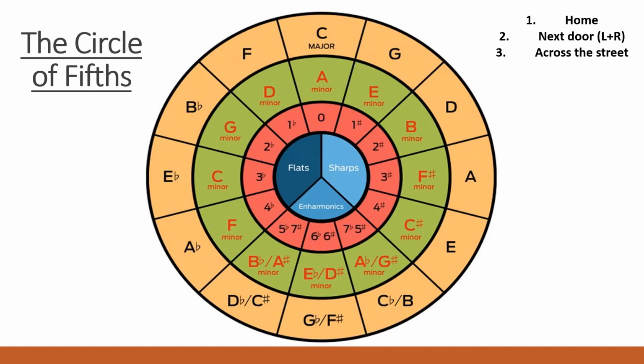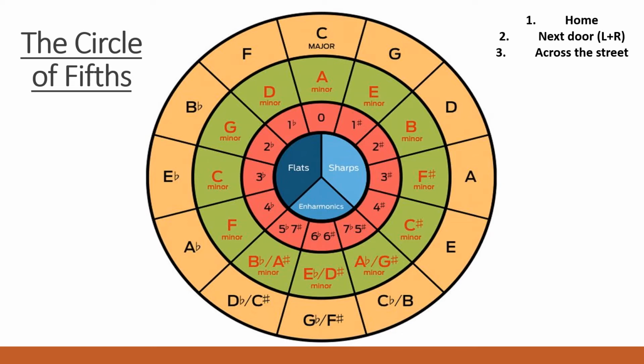For people wanting to go on to music theory, we call the home key the tonic. We start with the tonic, and I call it home because it's an easy way of remembering it. We always go back to it, and it's what the whole piece is based around, that one chord.